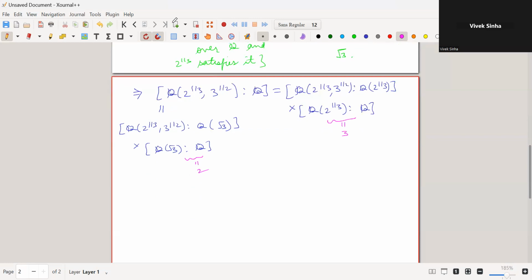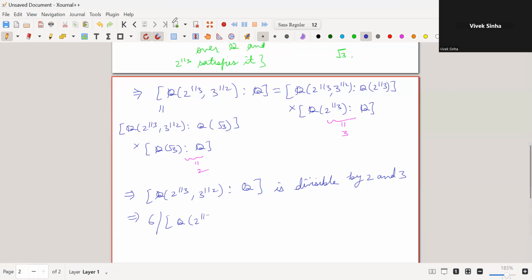So this implies that the degree of Q(2^(1/3), 3^(1/2)) over Q is divisible by 2 and 3, and that implies that 6 divides the degree of this, right?